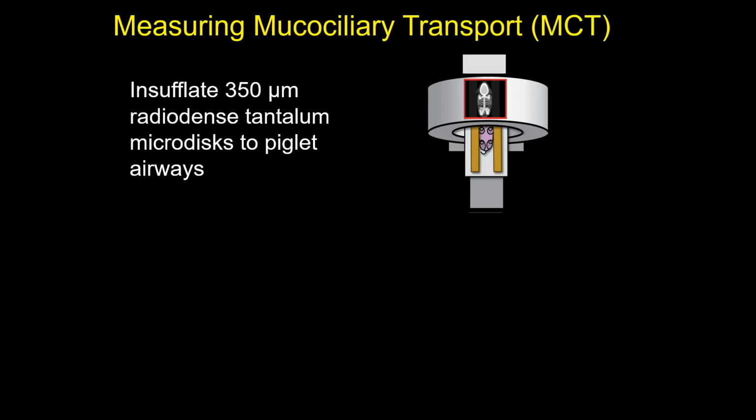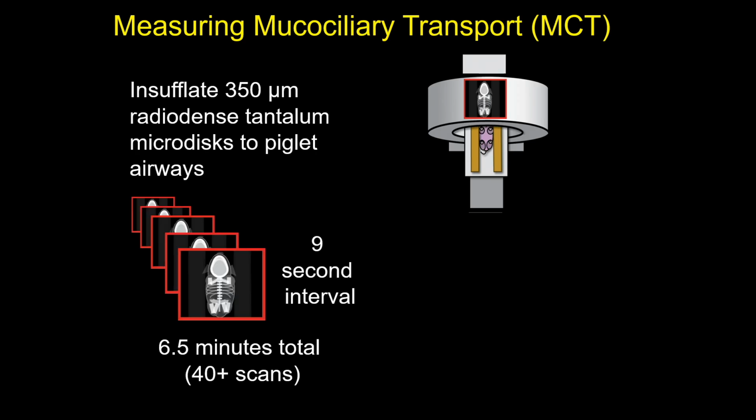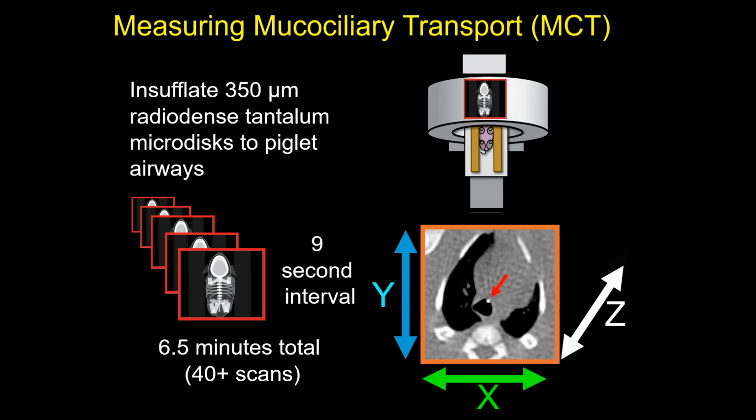Mucociliary transport was measured in this model using 350 micron tantalum discs insufflated to the airways of sedated piglets. Sequential CT scanning occurred in approximately 9-second intervals over the course of 6.5 minutes. The tantalum discs are radio opaque, which allows the X, Y, and Z coordinates to be identified on CT scan and then tracked across the time period of imaging.